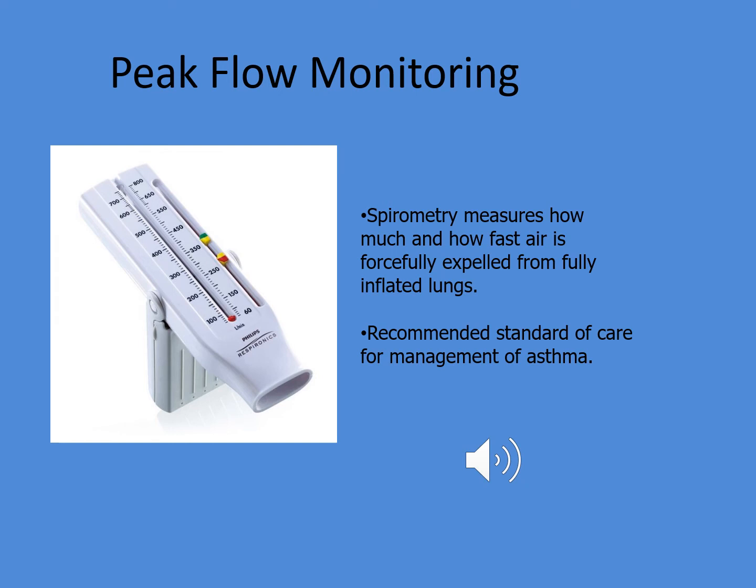If we're getting into yellow, it's kind of like, hey, the caution, you might need to do an extra med or two, or do some extra things, that we're moving in the direction of potentially an asthma exacerbation, whereas red zone would tell you they are definitely having an asthma exacerbation.